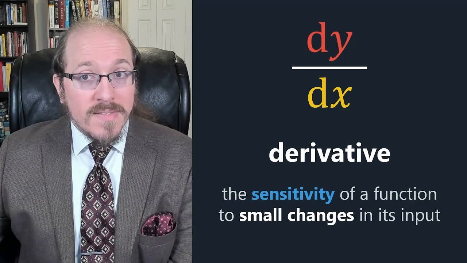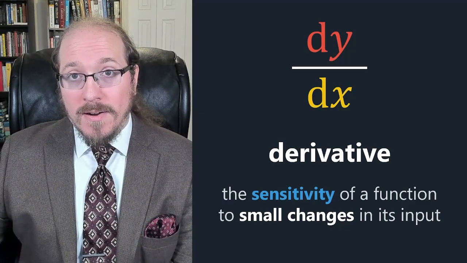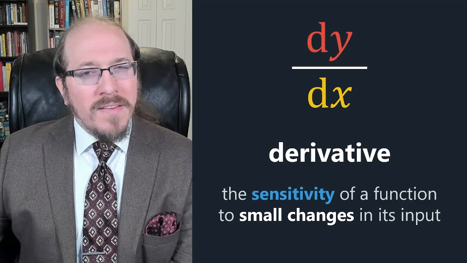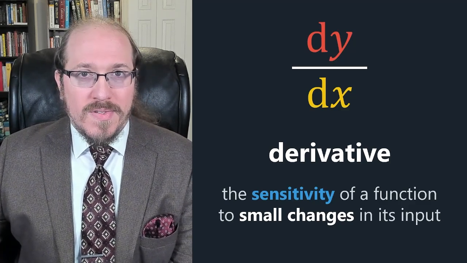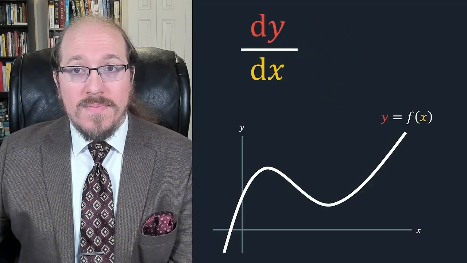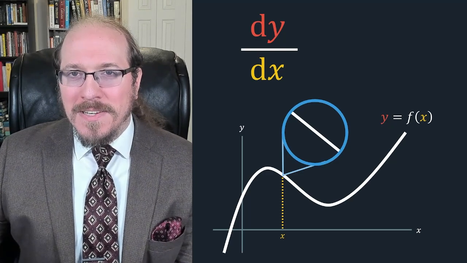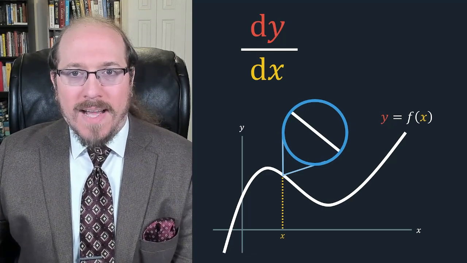The derivative tells us how sensitive a function is to small changes in its input variable. We can visualize the derivative like this. Say we look at the graph of y equals f of x, and we zoom in very close, maybe even infinitely close, to some point on the graph.